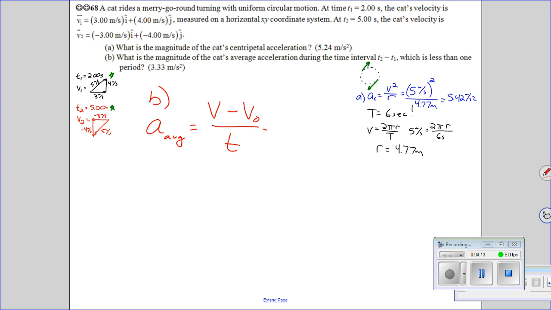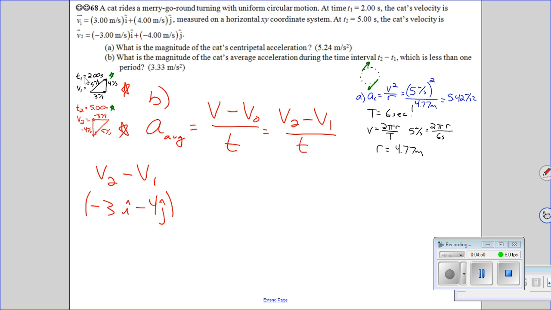Or for us, I should write v2 minus v1 over the time, right? We've got two velocity vectors and the time between them. So I need to figure out the difference between my two velocities. So v2 minus v1 is going to be, well, I'm just going to write down my two vectors. It's negative 3i minus 4j, right?